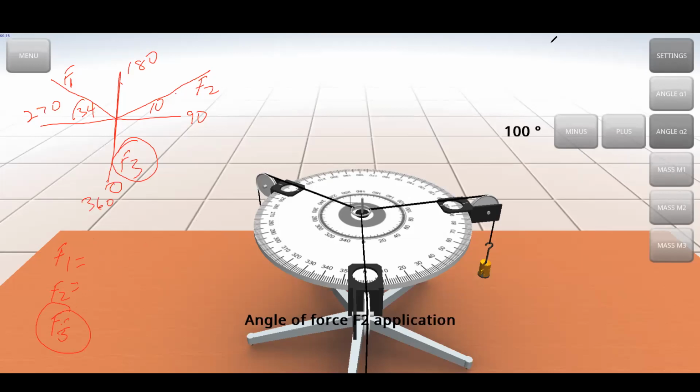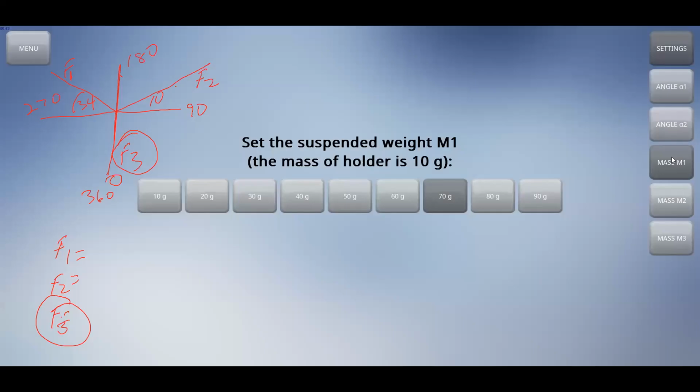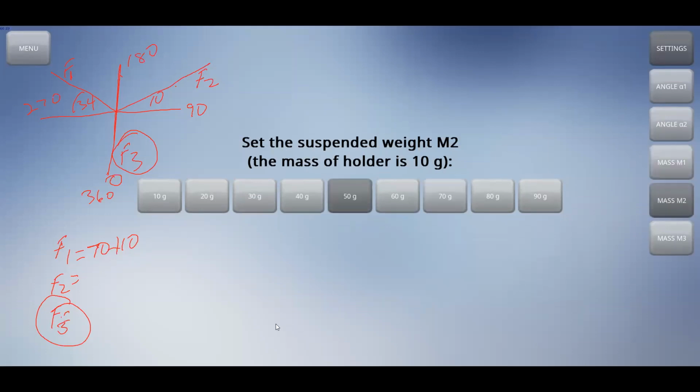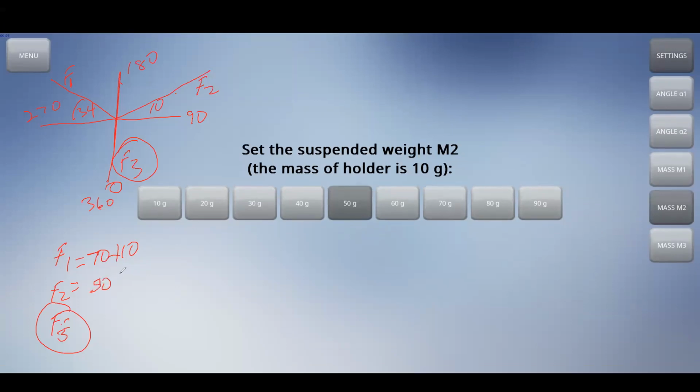Let me tell you the values now for the weight. The weight for F1 would be 70 plus 10. F2 would be 50 plus 10. And F3 was what?